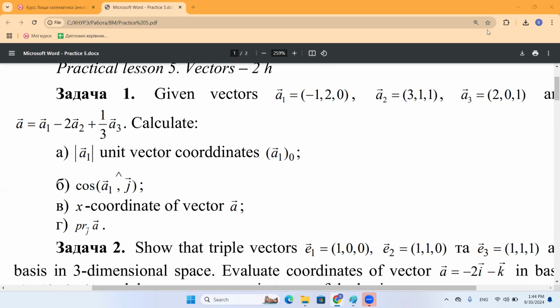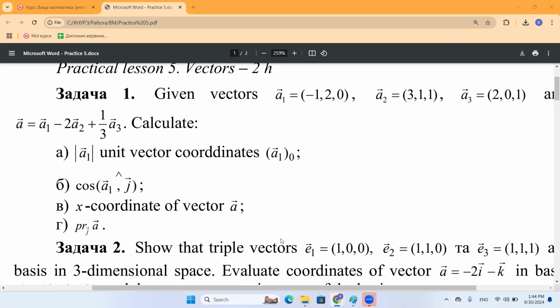Yeah, Daniil? I think J is the y-axis, so we can draw these vectors and find the angle. No. Well, so for basis vectors, for unit vectors that correspond to the coordinate axes, we just take the corresponding coordinate, and that's it.